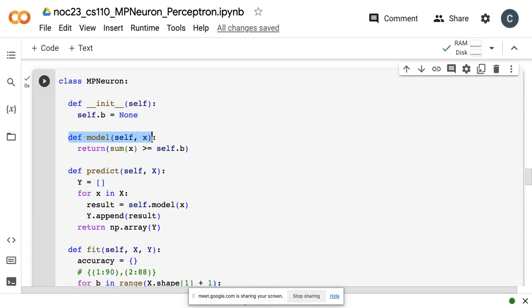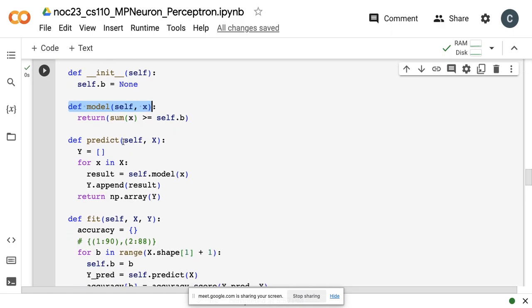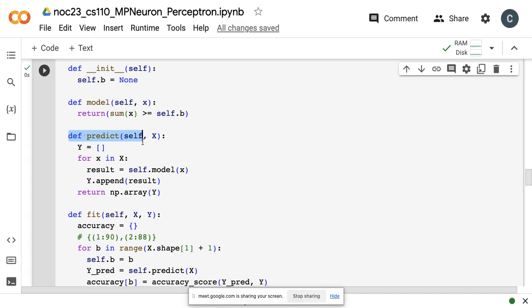In the case of MP neuron, it's basically the addition of the input values, and we see whether the sum of the input values is less than or greater than the threshold or not. And then there's another function called predict, where we see how the values of x are predicted by the model based on the threshold that we have decided.